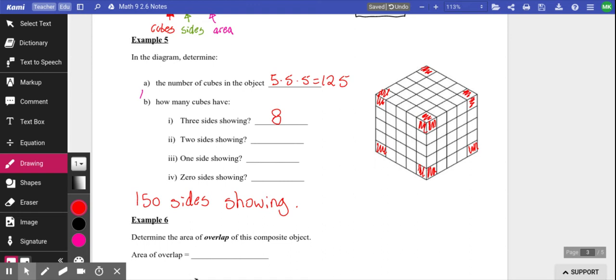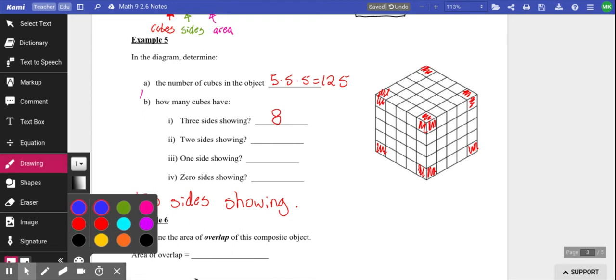How many cubes have 2 sides showing? 36. 2 sides showing would be a cube like this. Right? It's on a side, but it's not in the corner. So if we look, there'd be 1, 2, 3, 4, 5, 6, 7, 8, 9, 10, 11, 12.